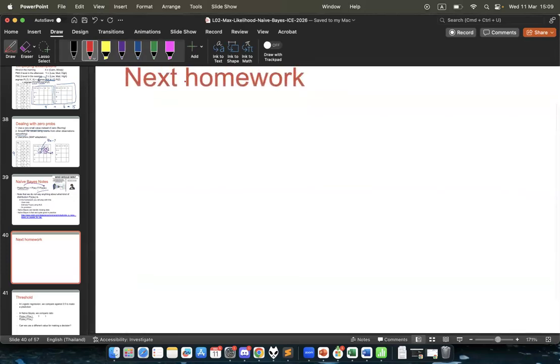So let's say we want to compare the probability of X, let's say, P(age | leave) times P(distance | leave).